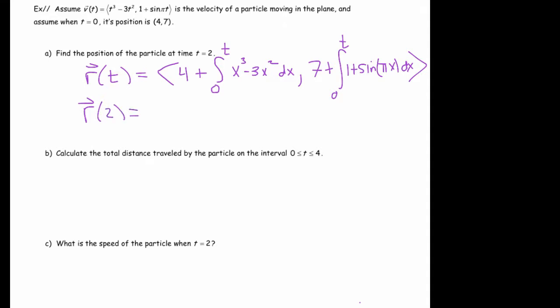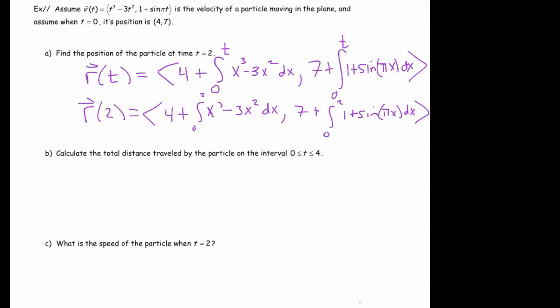And so the position at time t equals 2, we don't need our calculator for these, but I'm gonna use them anyway. So this is 4 plus the integral from 0 to 2 of, and now we could put a t in this spot if we had to, but I'm just gonna continue with x. So it's that integral. All right, and so then taking out our calculator, I put x cubed minus 3x squared into y1.